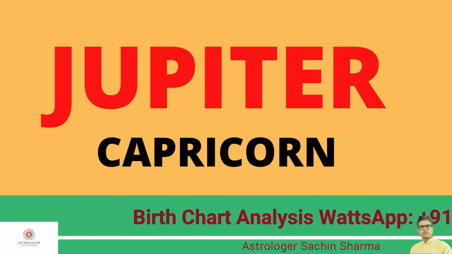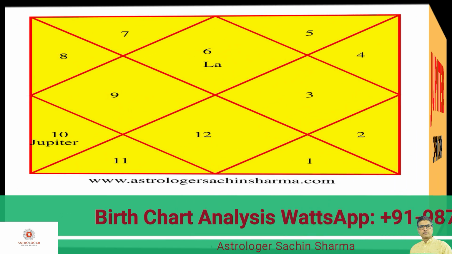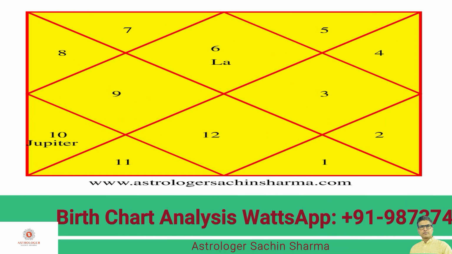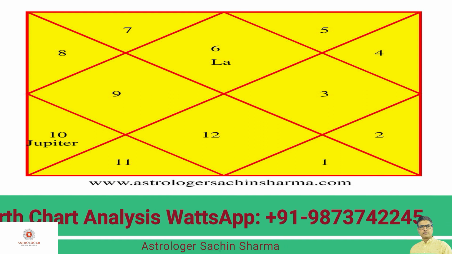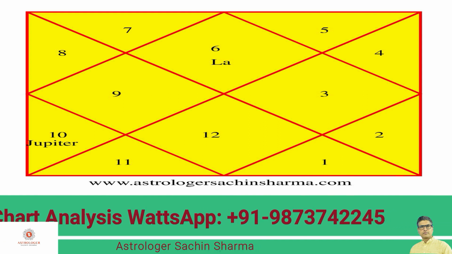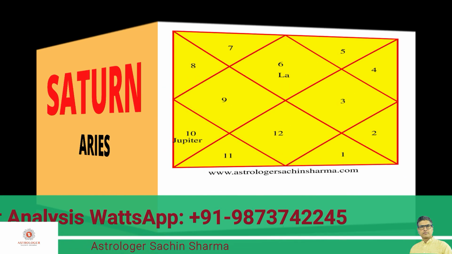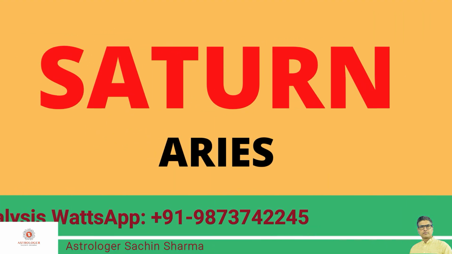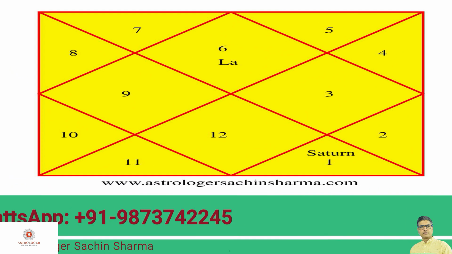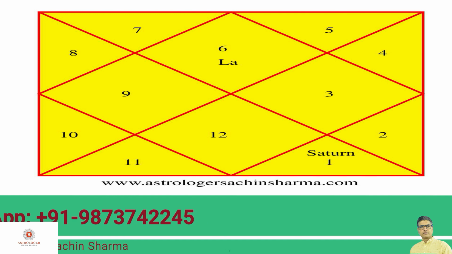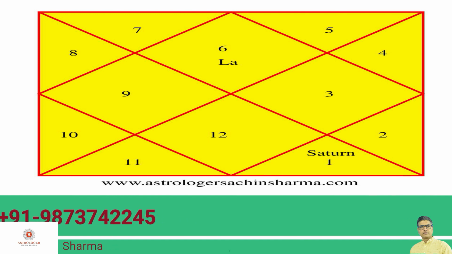That means if Jupiter is placed in a house where number 10 is written, it is going to give its negative impact, negative result for that particular house. For Saturn, Aries is its debilitated sign. That means if Saturn is placed in a house where number 1 is written, then Saturn is going to give the person its negative result related to that particular house.